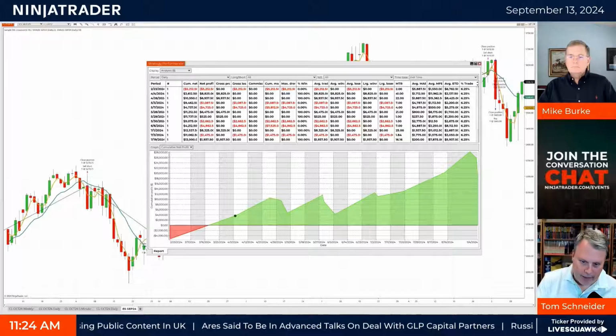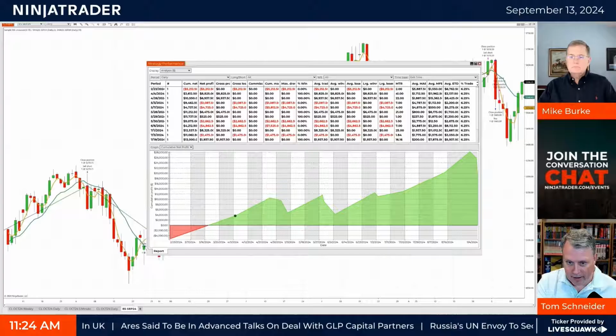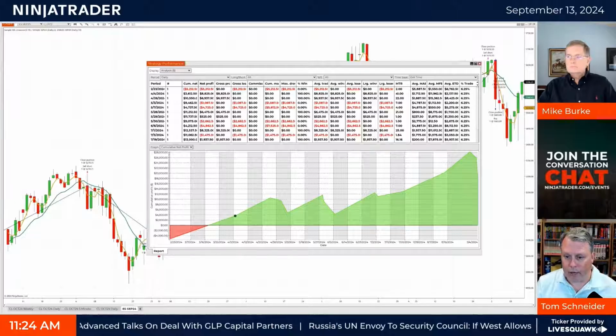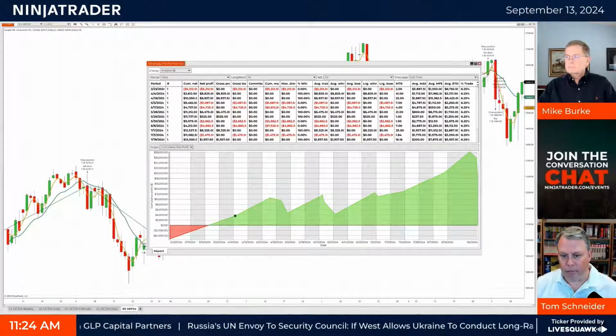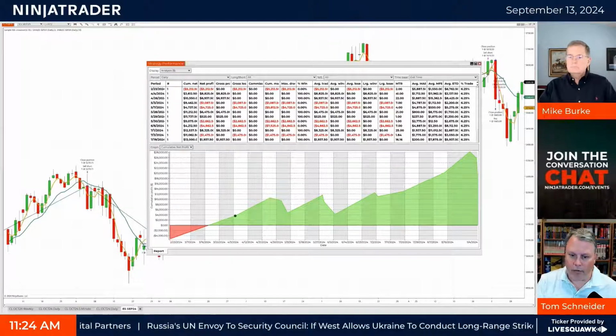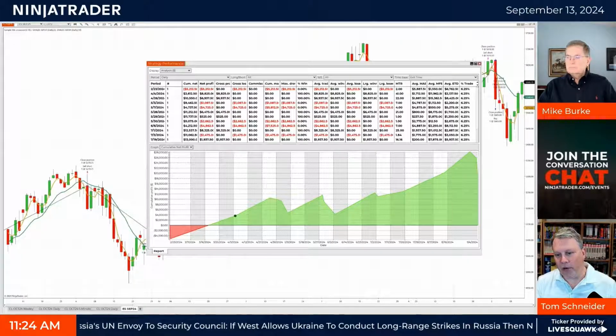Looking back at the beginning of the year, this first trade might have happened sometime in February. You can see the progression of the equity curve as this becomes profitable. It took a little time to get profitable. It was in March that it got profitable. It went from negative and having the red cloud to green and positive.